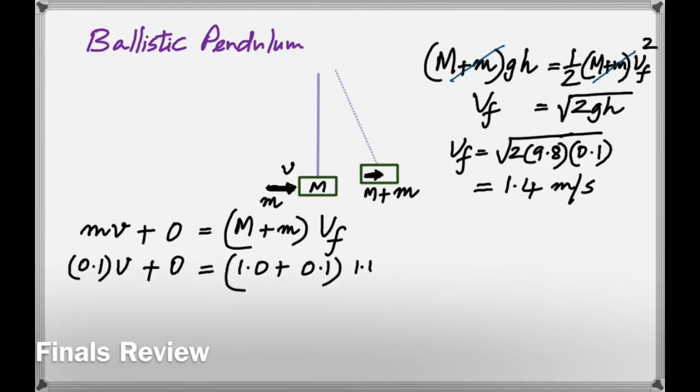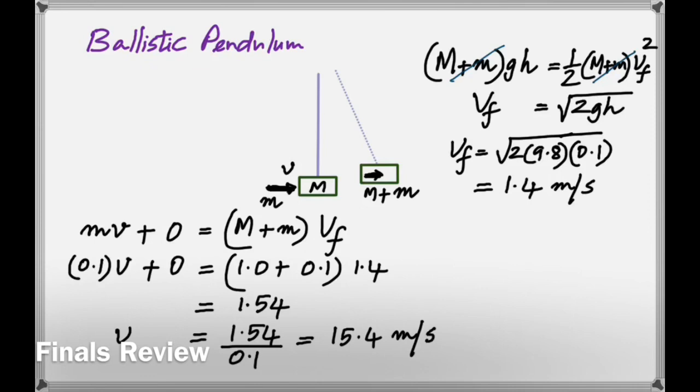So do that math and you get the velocity of the ball or the bullet, whatever you want to call it, as 15.4 meters per second. So those are the two that we use here: conservation of energy and conservation of momentum.